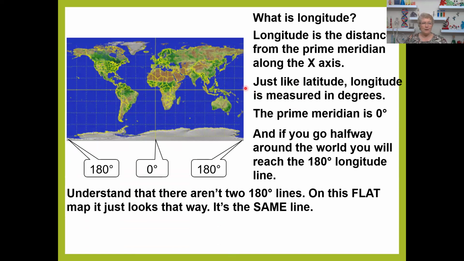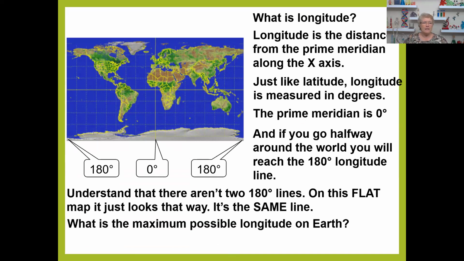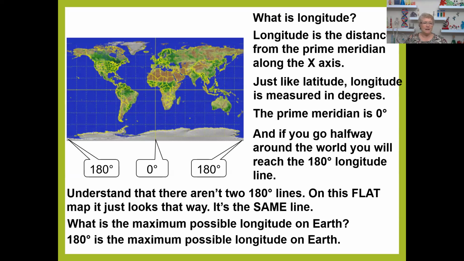On the flat map, it looks that way, but on a globe, those wrap around and touch each other. That is the same line. So given that, what is the maximum possible longitude on Earth? Yep, 180. Good, Drake. 180 is the maximum possible longitude on Earth.